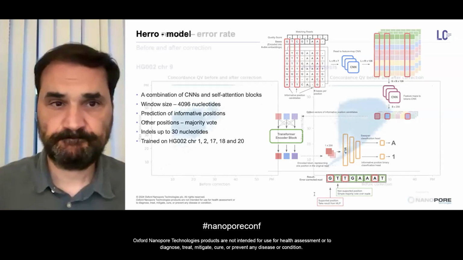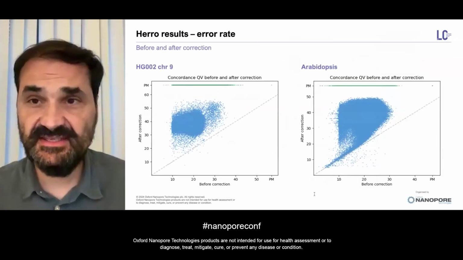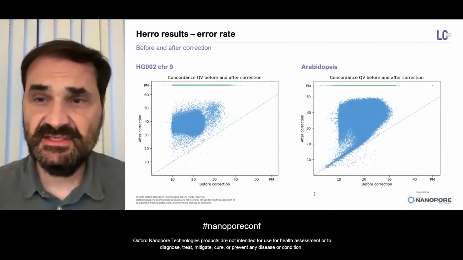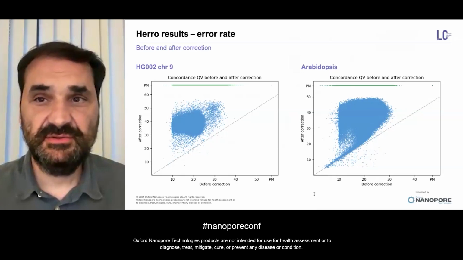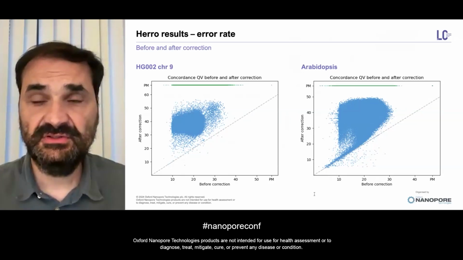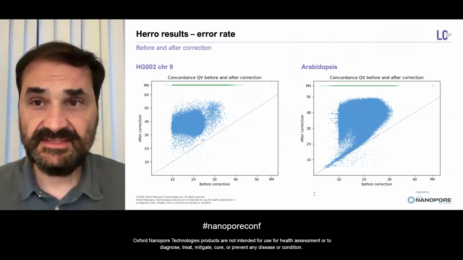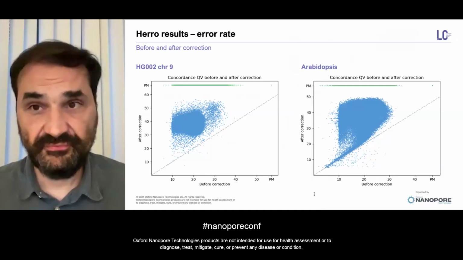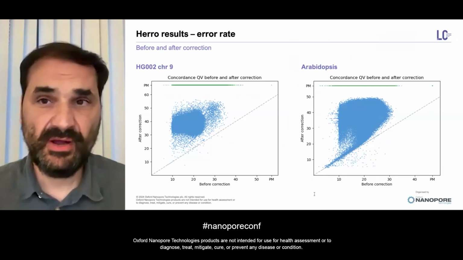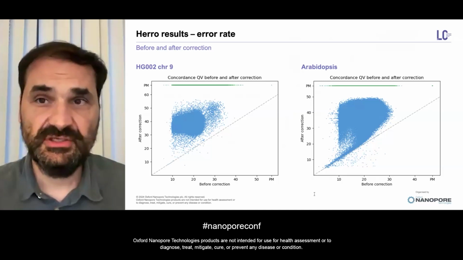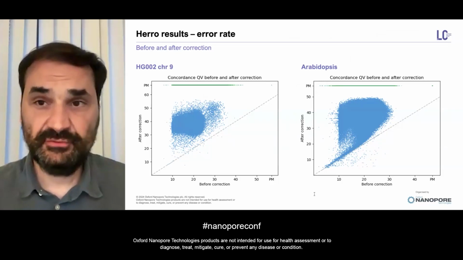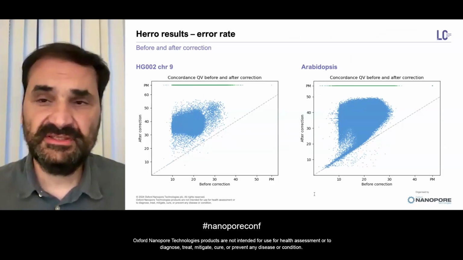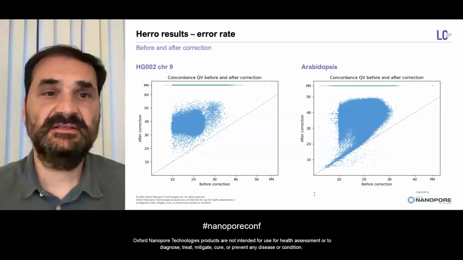So here you can see some of our results. You see 2 images. On the x-axis, you can see read qualities before error correction, and on the y-axis are after correction. And I would like to highlight these are concordance quality values.